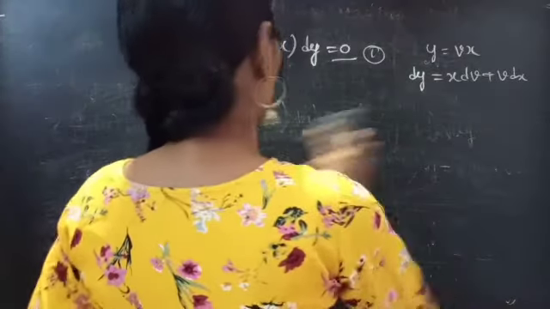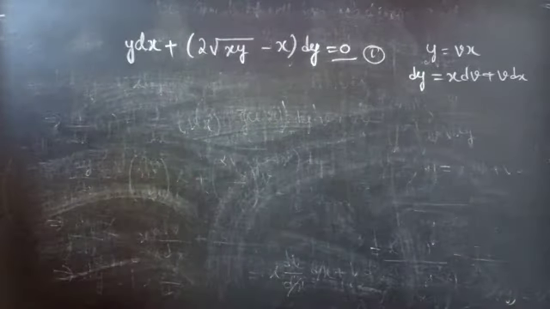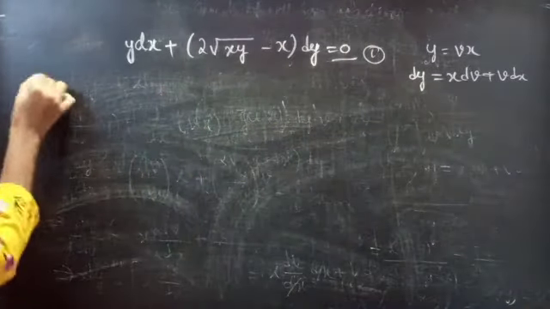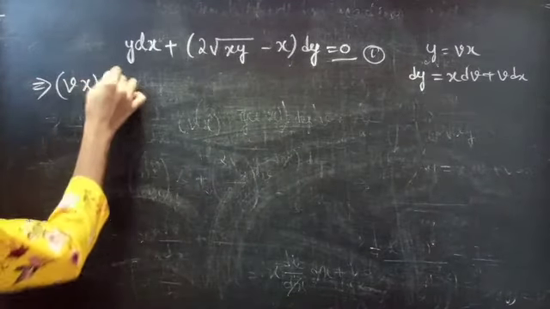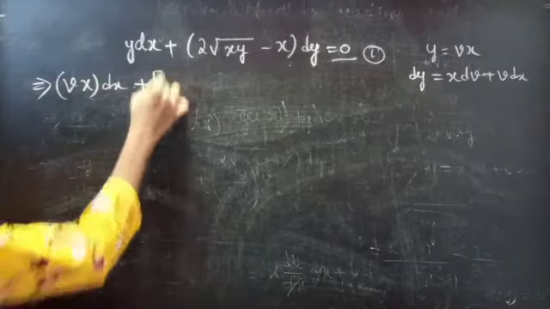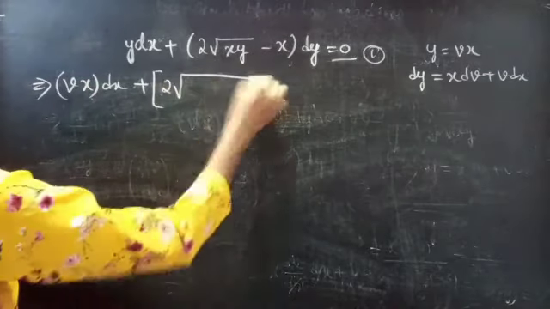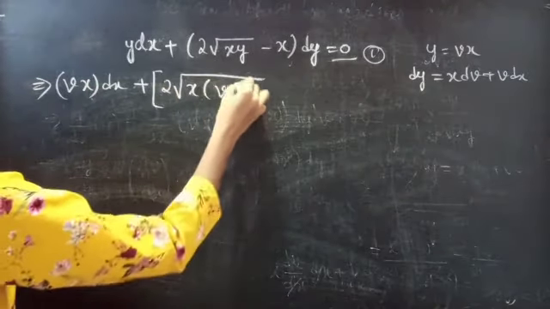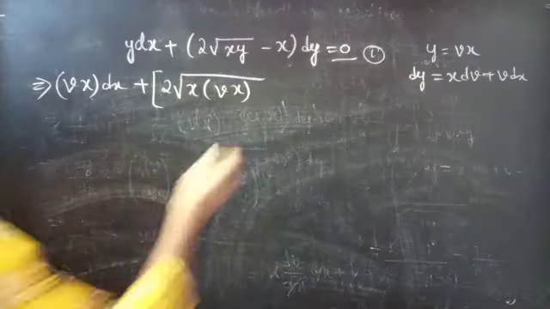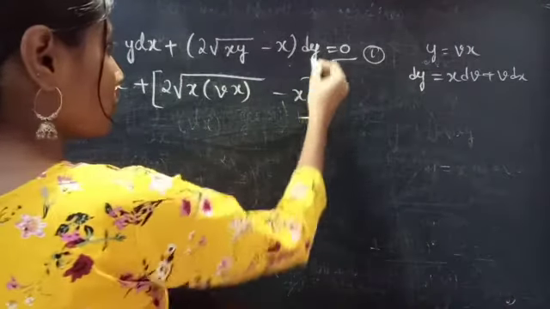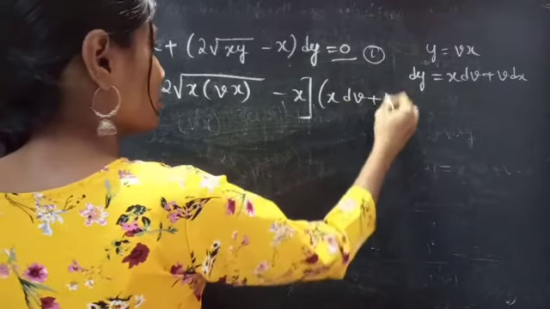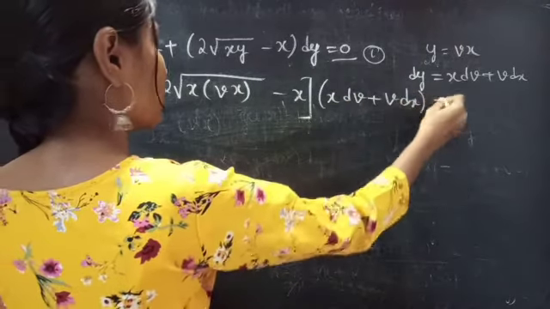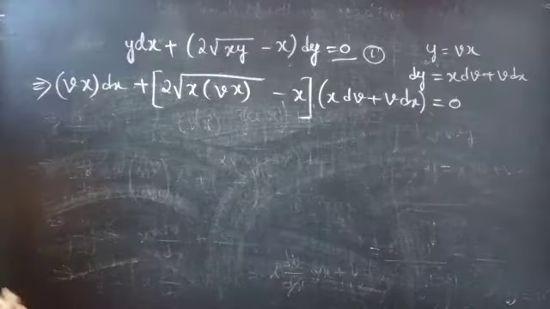So now you can replace y and dy in the above equation. Then the above equation becomes vx into dx plus 2 into square root of x into x times vx minus x into, now replace dy by x into dv plus v into dx, equals to 0.